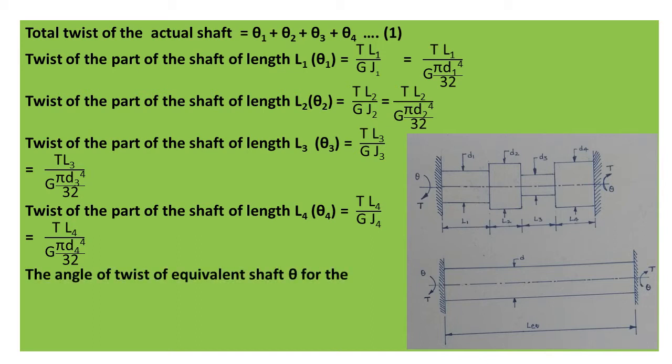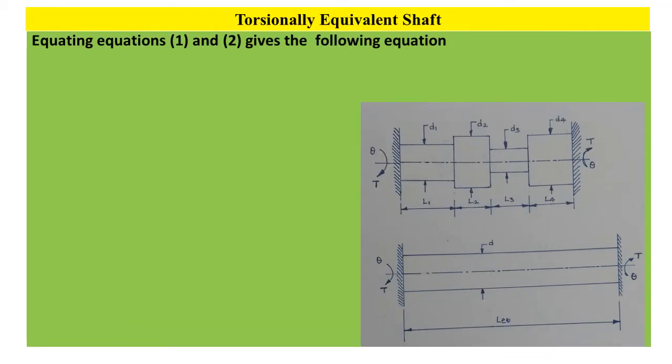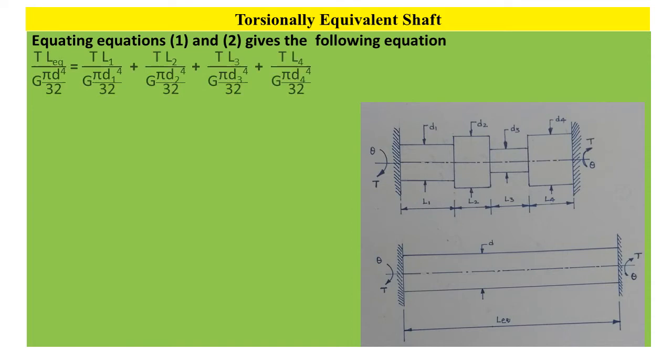The angle of twist of the equivalent shaft, theta, for the given torque T equals T LEQ by G pi by 32 d to the power of 4. Let us say this is equation 2. Equating equations 1 and 2 gives the following equation.